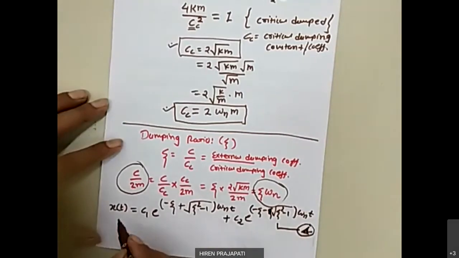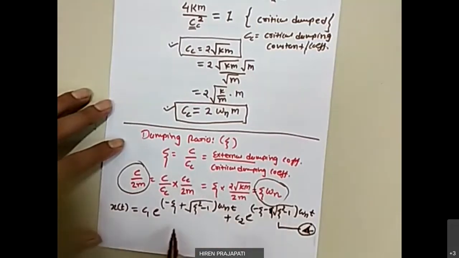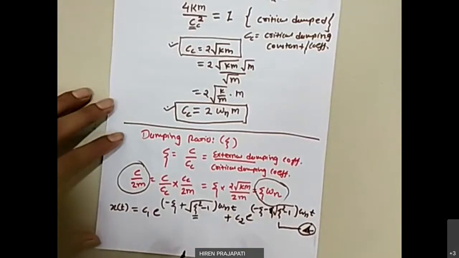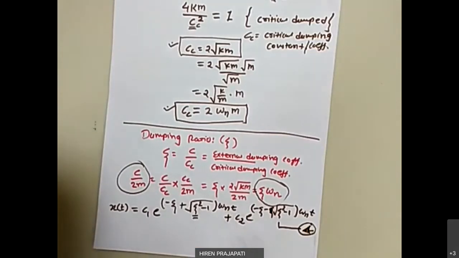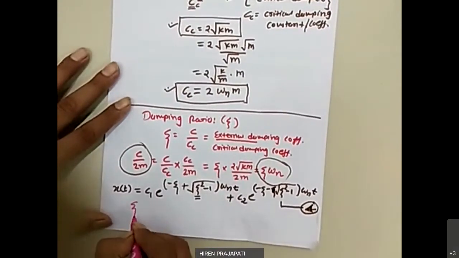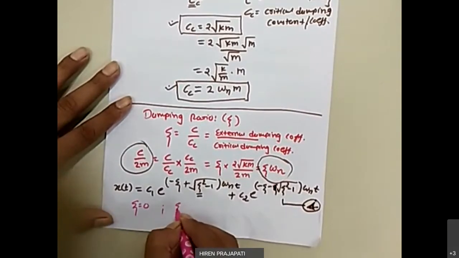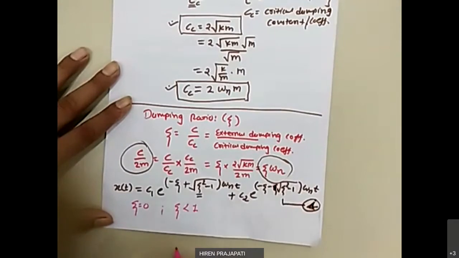Now, we will see what variations are possible in this equation. We'll discuss different conditions of zeta. So which are those conditions? Let me define those conditions. I can say zeta is equal to 0. This is one condition. Or I can say zeta is less than 1. The third case is zeta greater than 1, and the fourth case is zeta equal to 1.